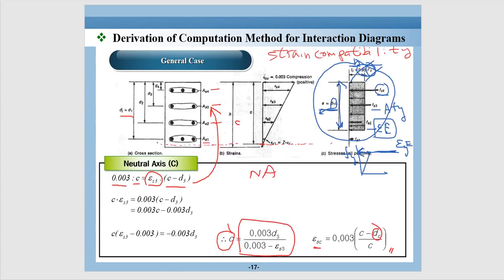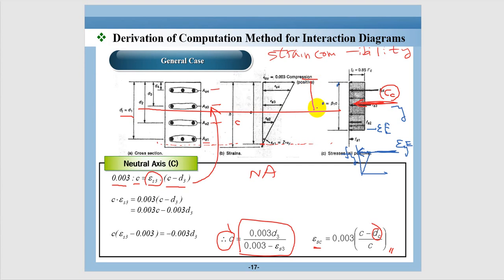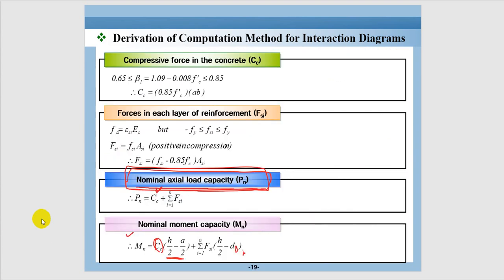If you take a look here, let me erase something here. This is your compression block, somewhere here, this is Cc, and your moment contribution due to this is Cc multiplied by half of the section, which is h/2, minus half of this a, so minus a/2. So you can calculate it this way right here.